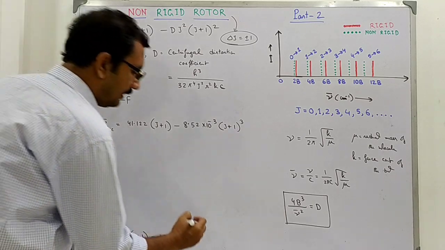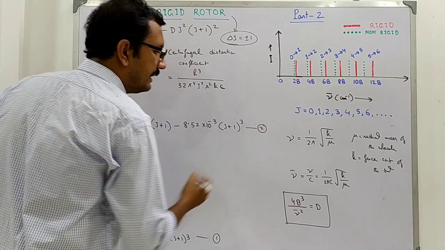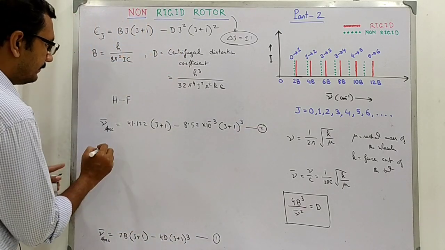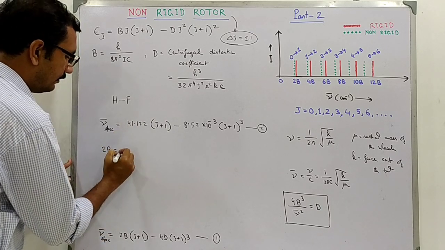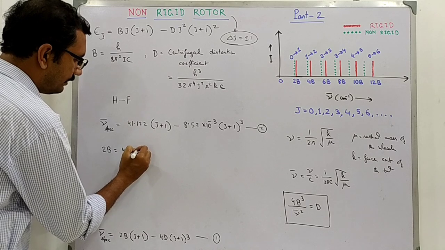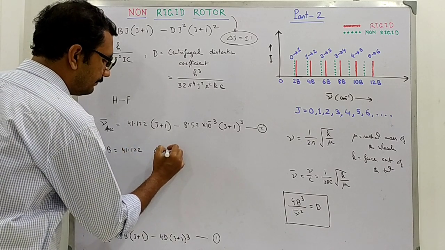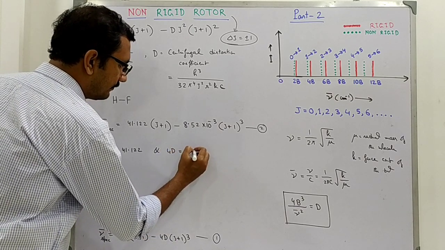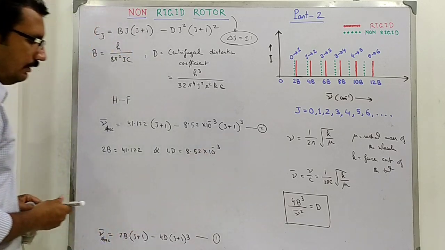So, this has been obtained semi-theoretically. Now, if we compare this theoretical equation and this semi-theoretical equation, we can easily say that the value of 2b is 41.122 and the value of 4d is 8.52 into 10 to the power minus 3.